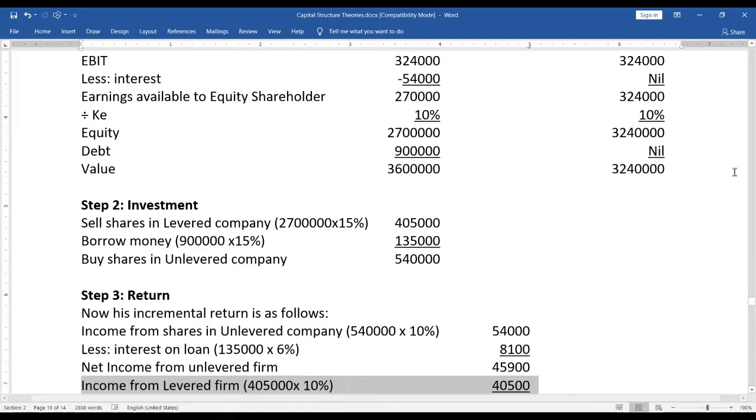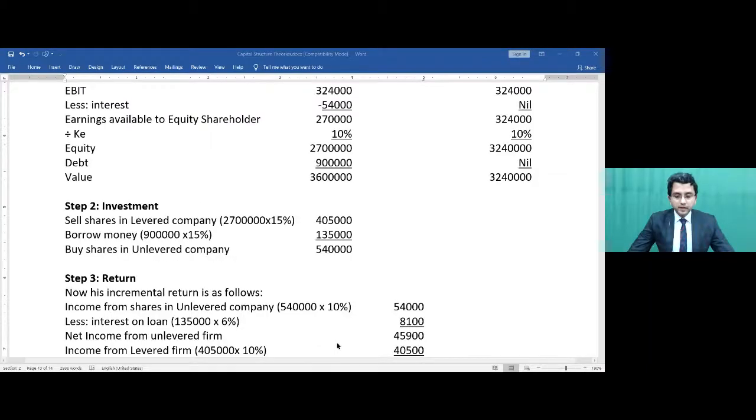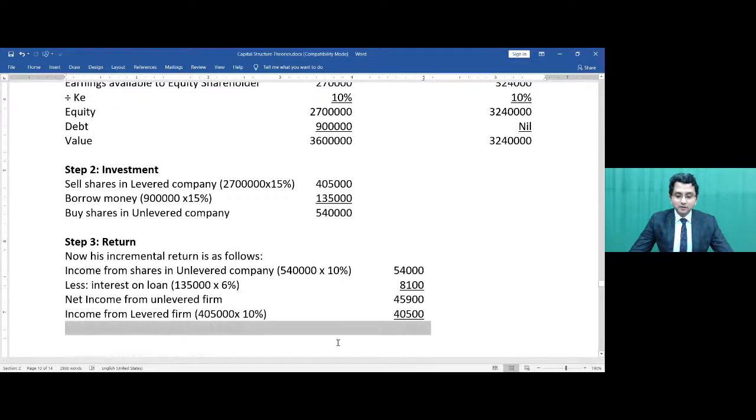When you were part of the levered company, your investment was worth 4,05,000, and on 4,05,000 at the rate of 10%, your earning was 40,500. So your incremental income due to arbitrage is 5,400.